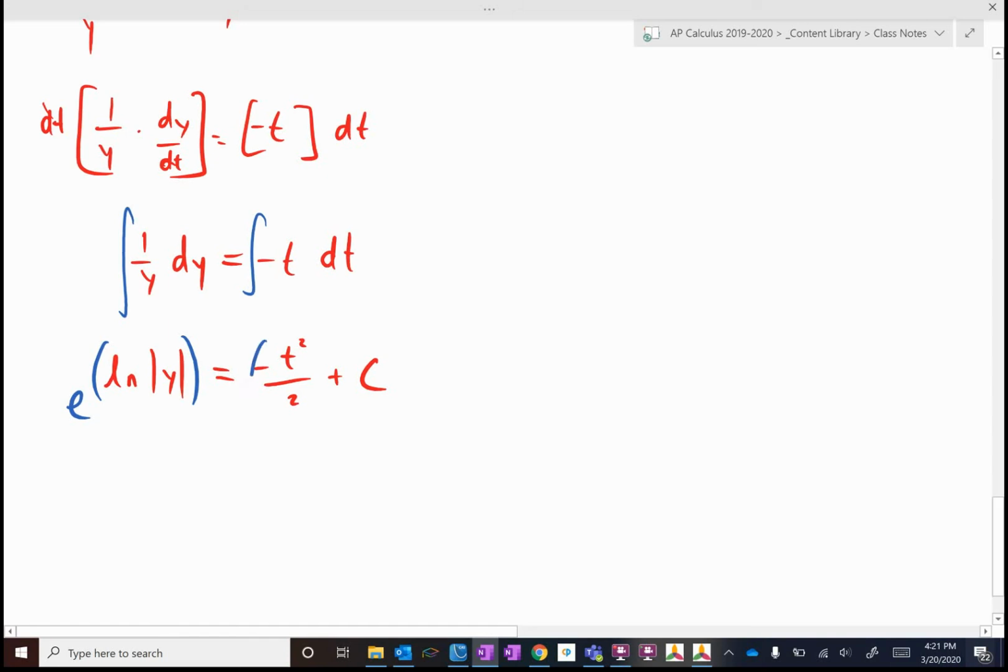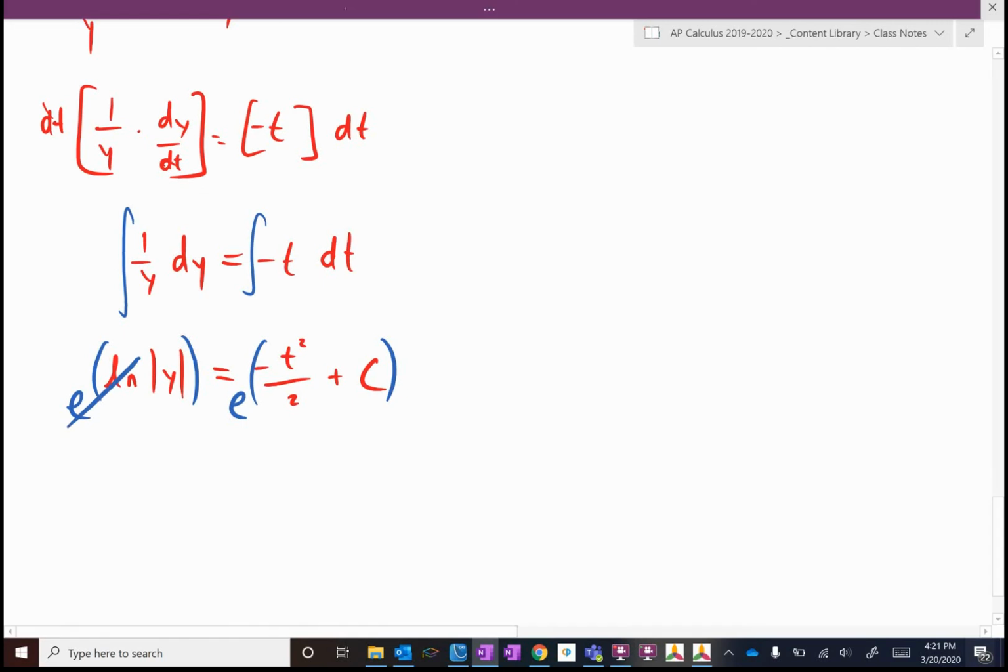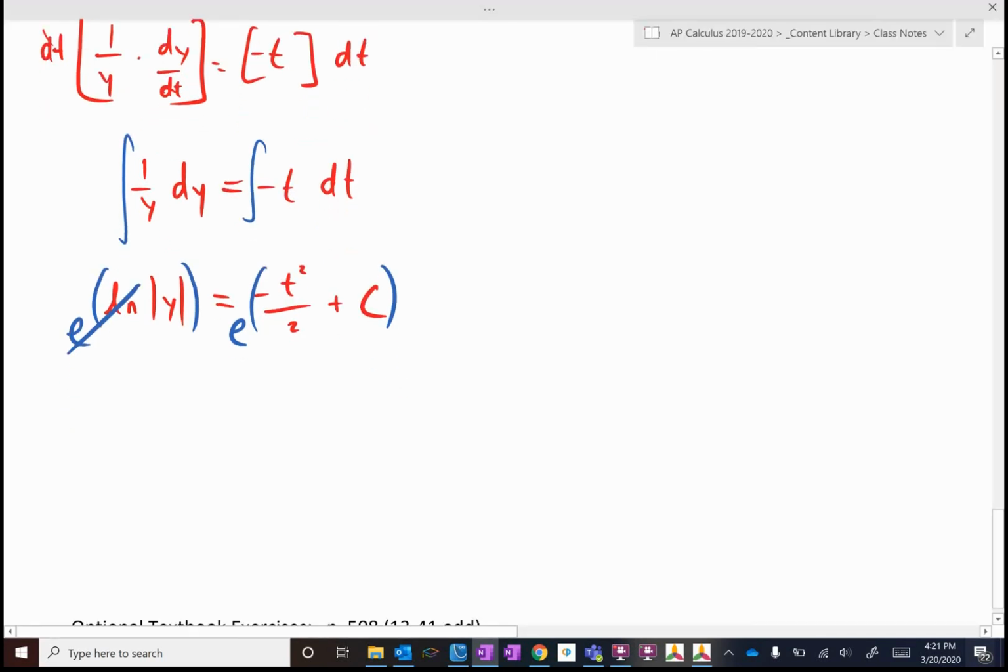So if we exponentiate both sides as a power of e, on the left side the e cancels the natural log. So we'd get y equals e to the negative t squared over 2 plus c. That's all in the exponent.